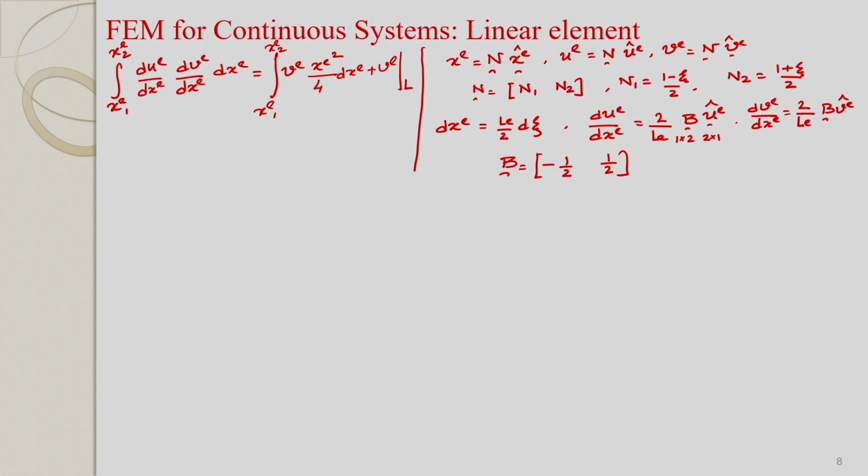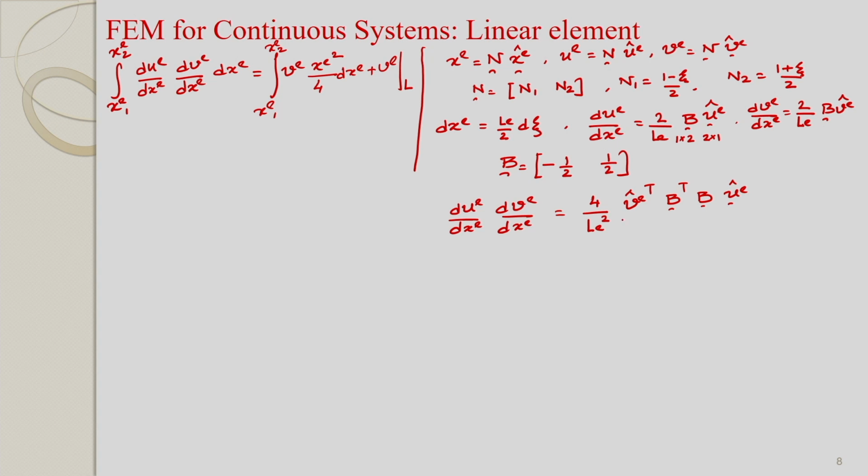So, we can write this expression as, we have simply multiplied this 2 by LE with 2 by LE. Now, this is the transpose.